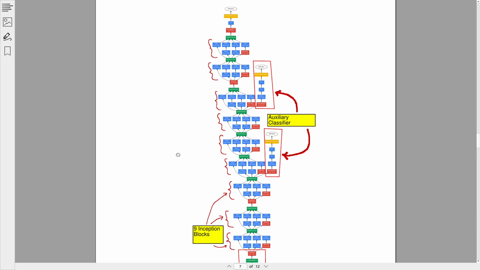What the authors of this paper explained is that they recognize the fact that it's not only the features of the final layers that carry all the discriminatory information, but intermediate features are also capable of discriminating different labels.